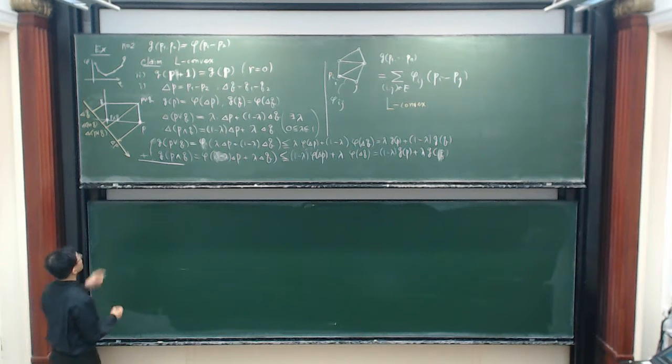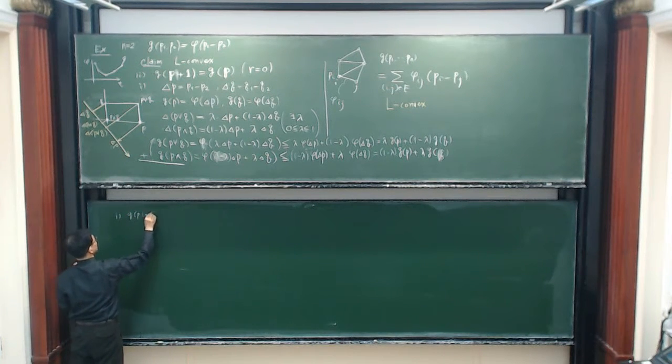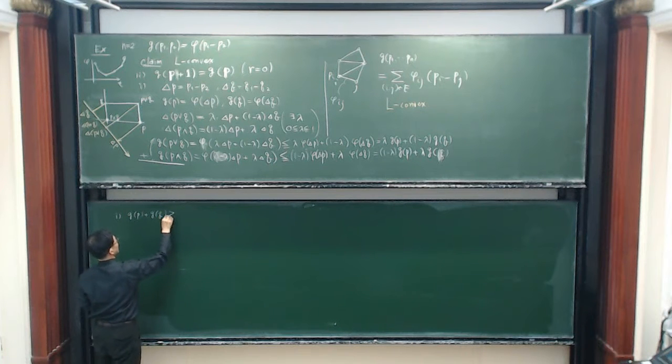Okay, so an L-convex function is linear in a particular direction. The definition here was g(p), g(q).